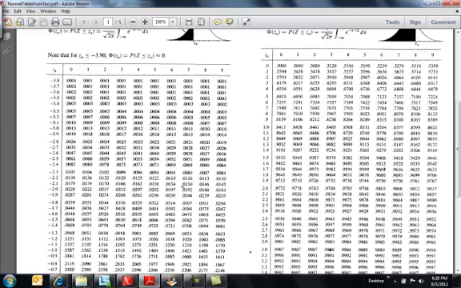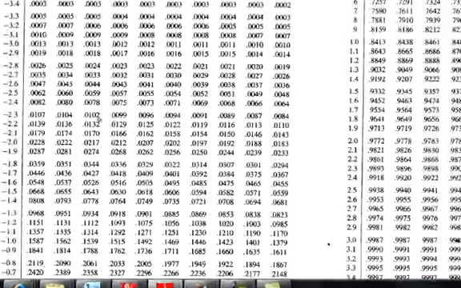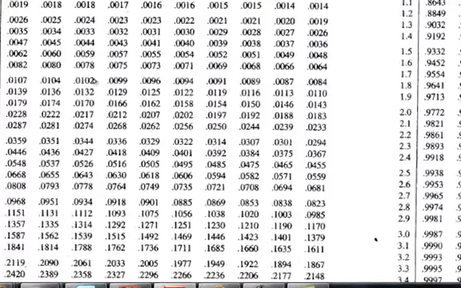I'm going the wrong way. We're getting close, right? I was doing pretty good with 1%. About here, negative 2.32, negative 2.33 leaves 1% in each tail.